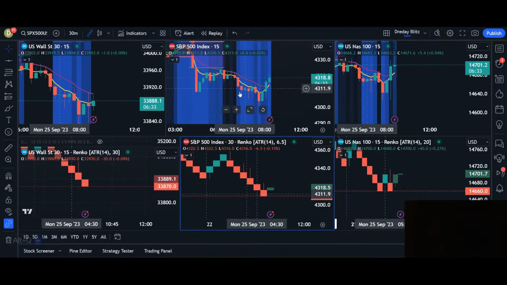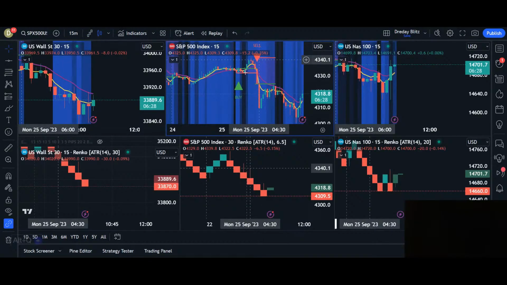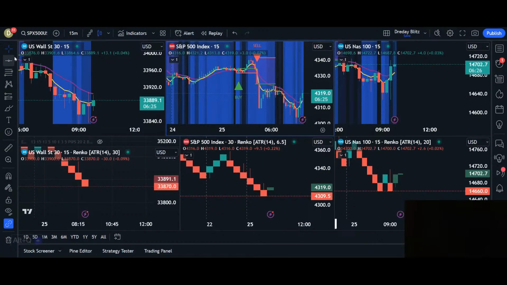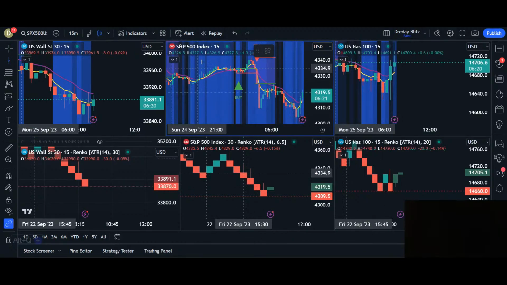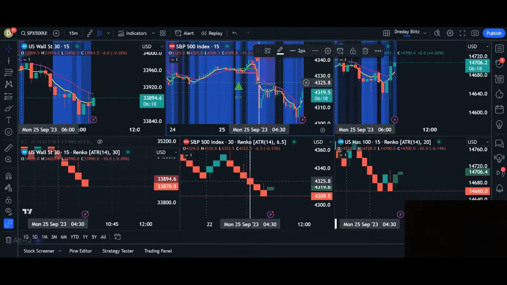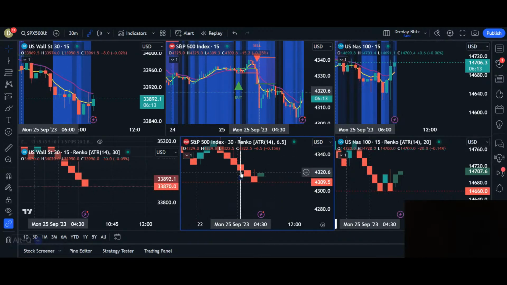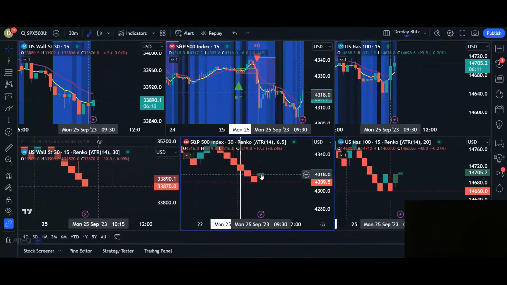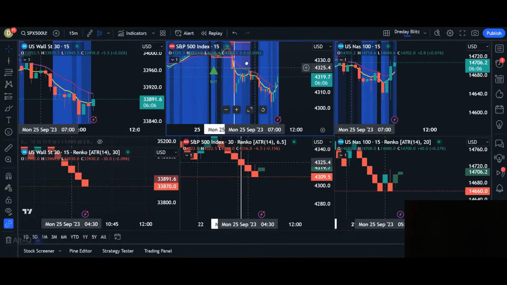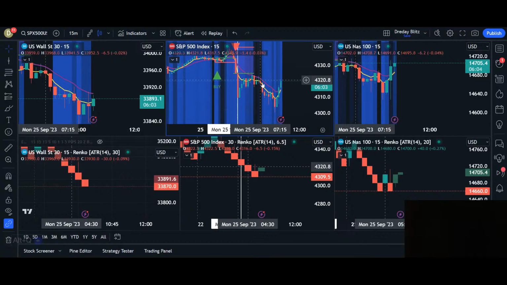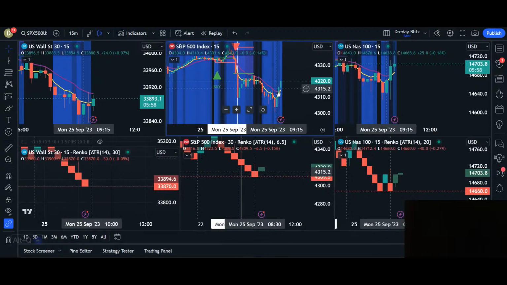But what I was saying is that if you look at the sell that came in here, I'm gonna put my vertical line again. So that was the sell, right? And if you took that trade, you would still be in the trade.